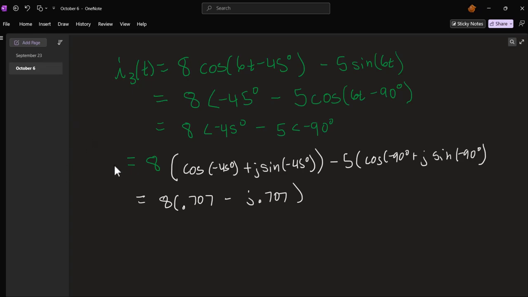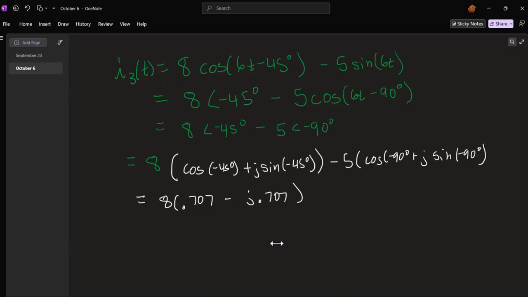Yeah, that's right. Okay, so it was 0.0087 minus 0.034 J, or as a phasor 0.0094 angle 21.5 degrees.